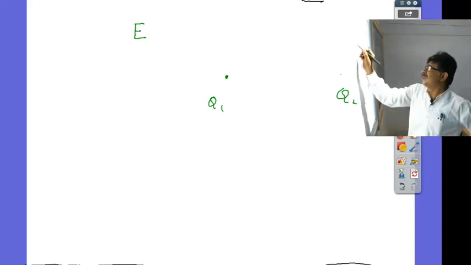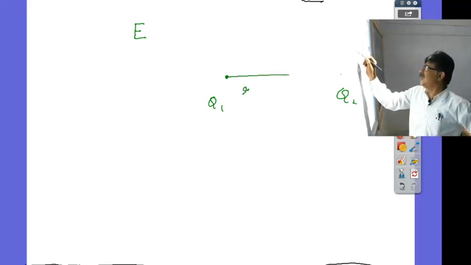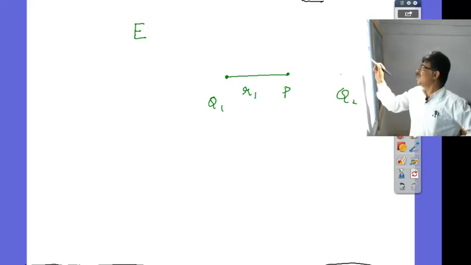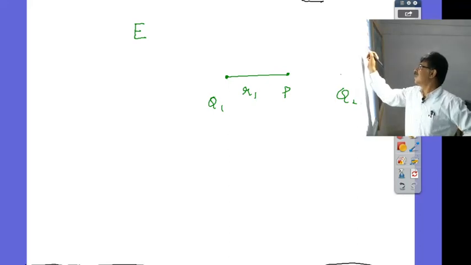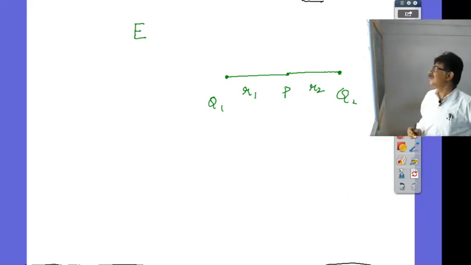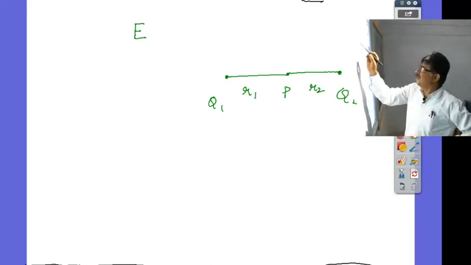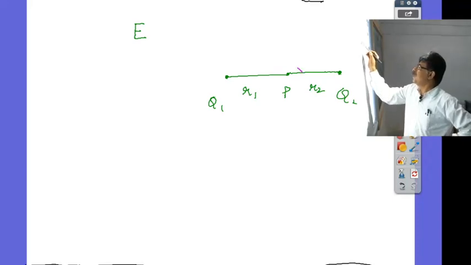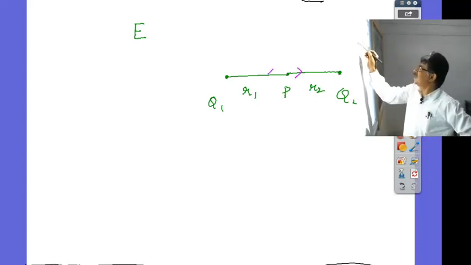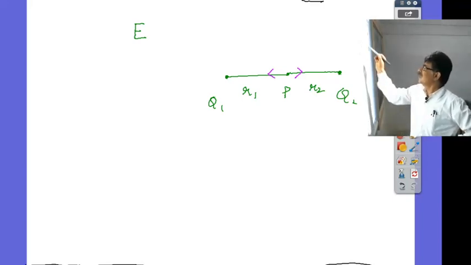Because of Q1, at a distance R1 from it, say there is a point P, and you are going to calculate the electric field at point P because of Q1 and because of Q2 also, which is at a distance R2. The electric field because of Q1 at point P will be directed like this, and because of Q2 it is directed in the opposite way.